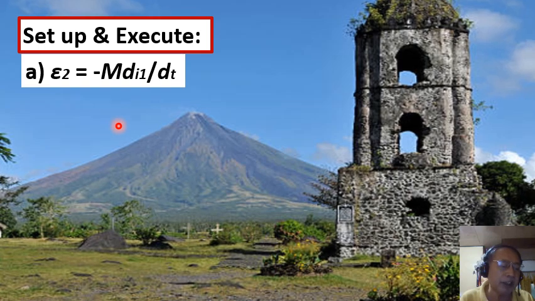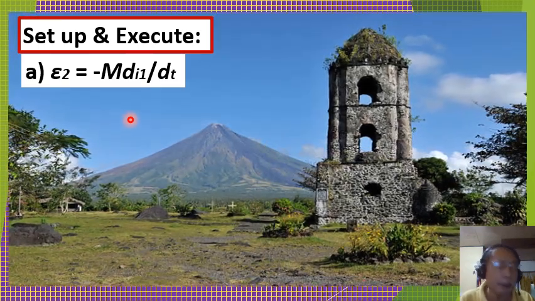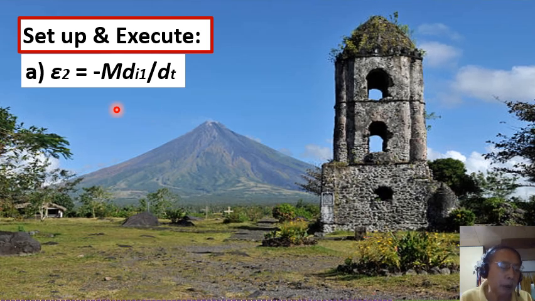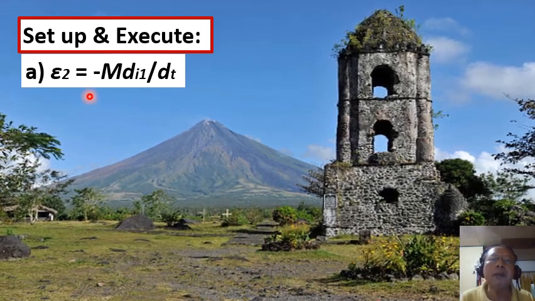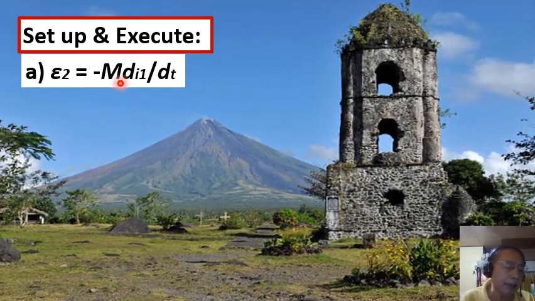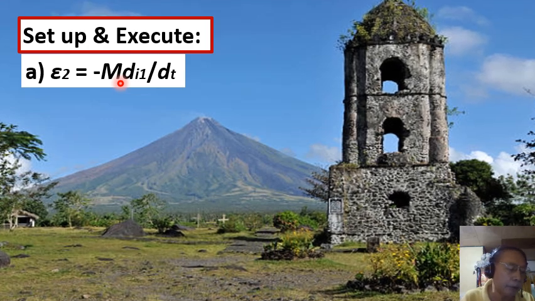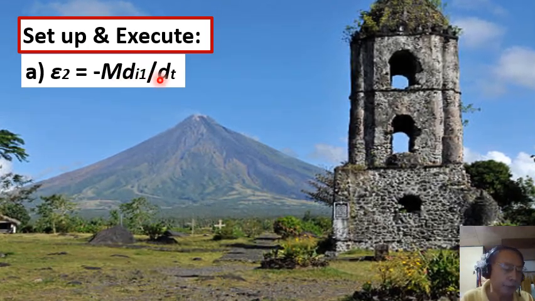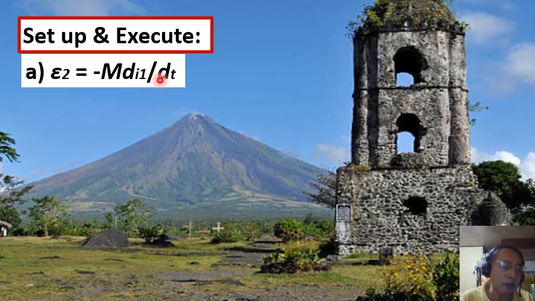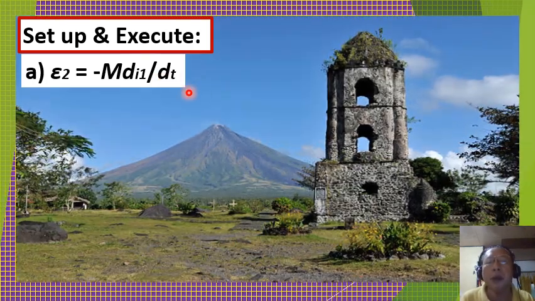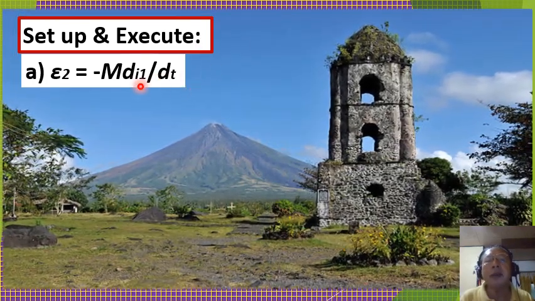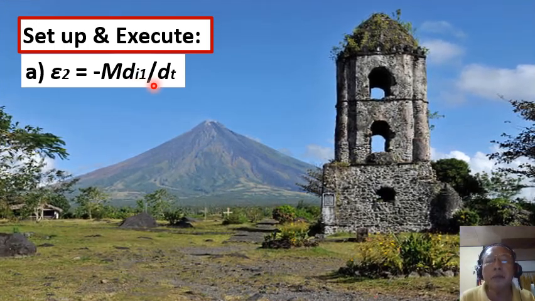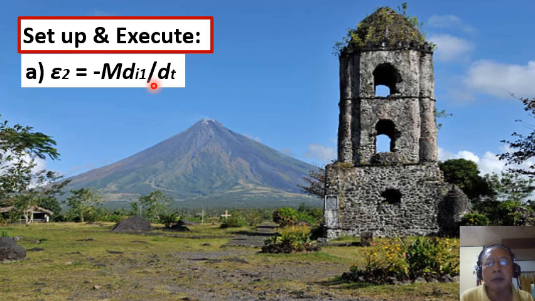This equation suggests that the induced EMF in coil number 2, for the same mutual inductance capital M, is proportional to the rate of change of current in coil number 1, and not necessarily on the magnitude of the changing current.